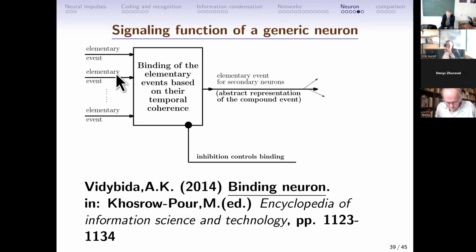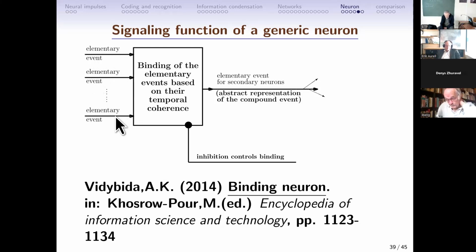These are the input impulses which a neuron can feel. I recall that the neuron is a living cell, and it is an independent living object. So it can feel these input impulses, and we call them elementary events.